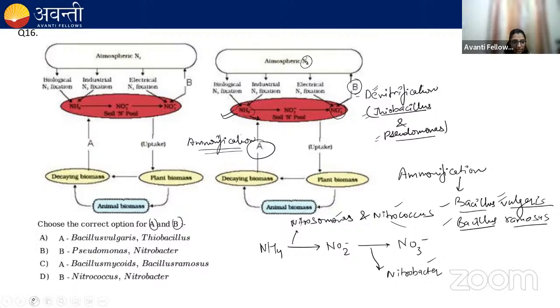See students, here A and B are given separately. A, we know, is ammonification, right?